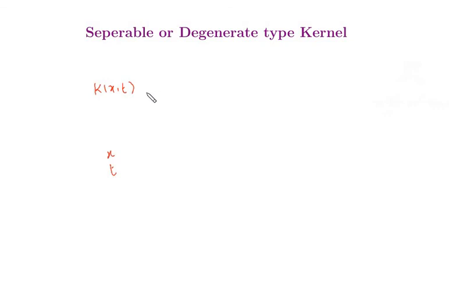Mathematically, K(x,t) equals the sum from i equals 1 to n of a_i(x) b_i(t). So K(x,t) has to be a finite sum of products of two functions, one of x only and the other of t only. Then this kind of kernel is called a separable kernel.